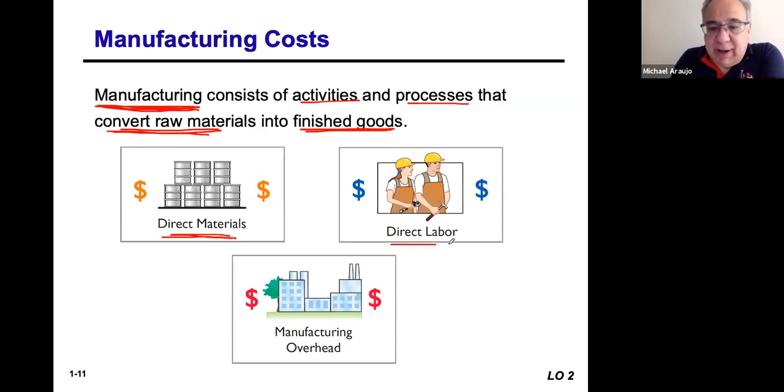And then, of course, you have another cost called direct labor, okay? So in this case, any work by employees that actually go into making the product. Now that's different in manufacturing than it is in other industries. Because here, if you work on an assembly line, if you're a baker, for example, in a bakery, you are direct labor.